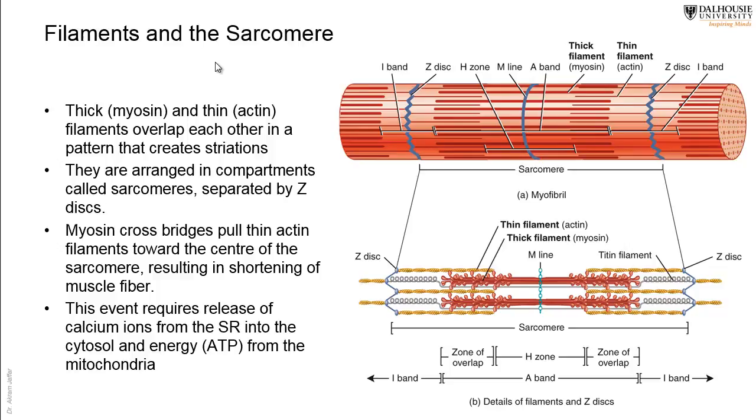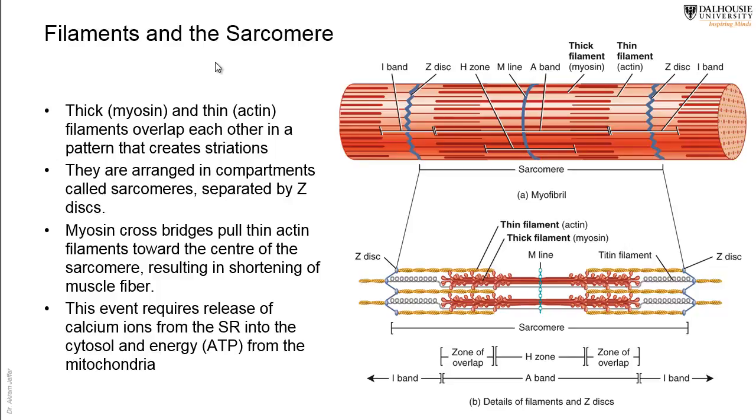And on the other side, when this thin filament goes in, the other Z line will be approximated to this direction. And so the sarcomere as a whole shortens. But the filament itself is not shortening. The filaments are sliding in between each other, and this will result in shortening of the entire muscle fiber.